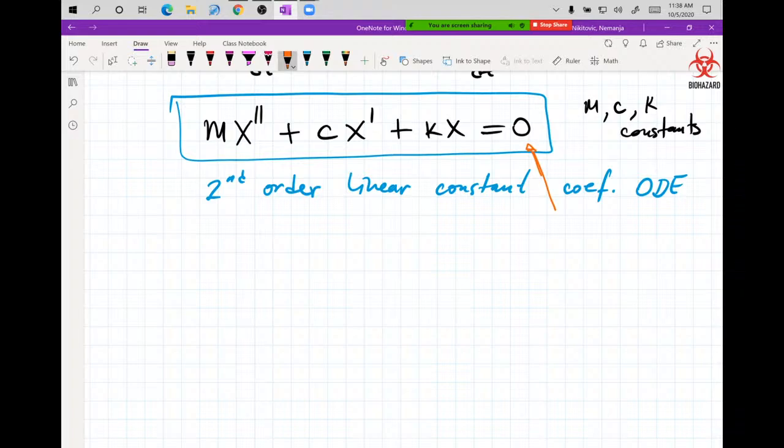So I'm just going to mark it here with the orange and say without forcing, meaning that nothing is bothering this system from outside of the system.